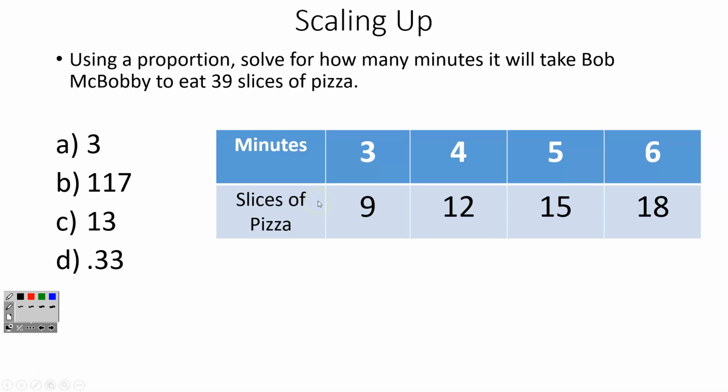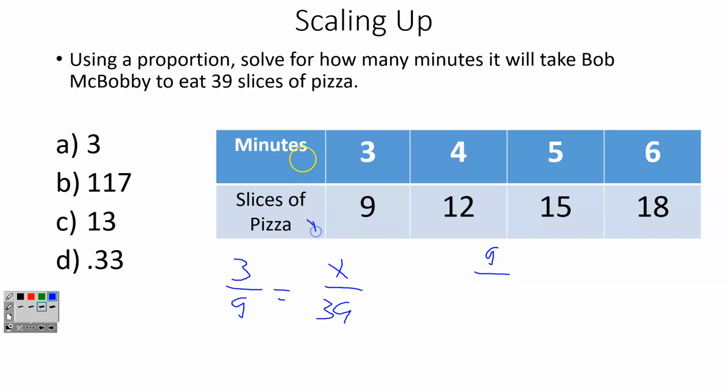So I'm going to move on to tables now. Using a proportion, solve for how many minutes it would take Bob McBobby to eat 39 slices of pizza. Well, I could do 3 over 9, so 3 minutes for 9 slices. And how many minutes? We don't know for 39, so I could set it up as a proportion like this. I could do y divided by x.